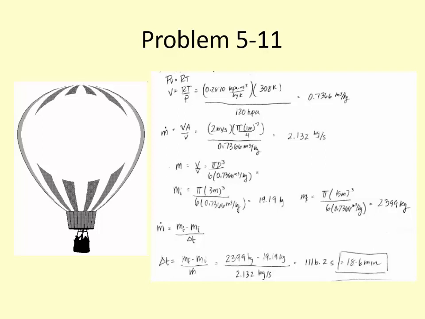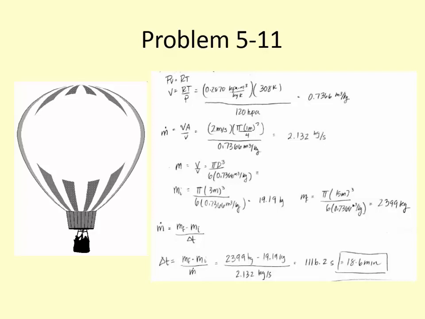So we can put in the diameter of the initial state to find the mass of the initial state, and the diameter of the final state to find the mass of the final state. So the initial mass is pi times 3 meters cubed divided by 6 times this 0.7366 meters cubed per kilogram. And that's 19.19 kilograms of air.